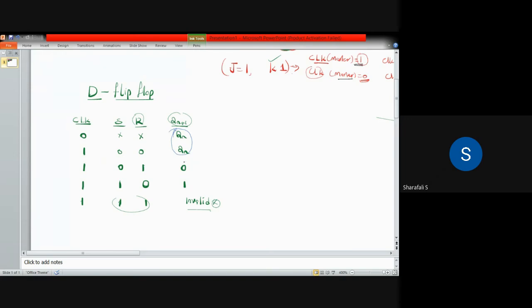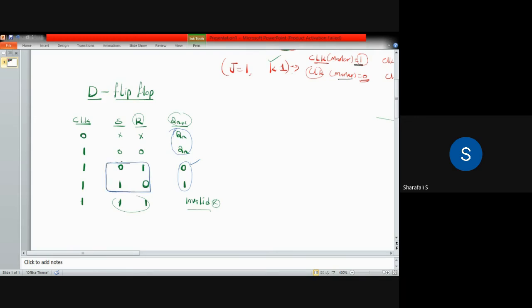And the states 0 and 1, that we will be going to use to change your state. Whether you want to change from state 0 to 1 or 1 to 0, we need only these two conditions. And here also we can see that we are taking the complements.